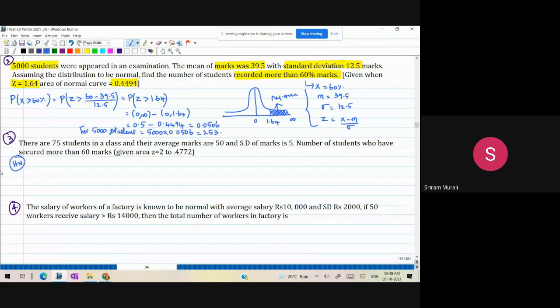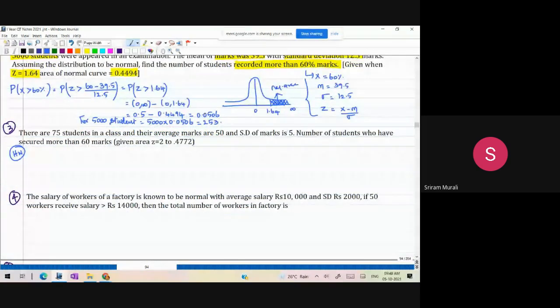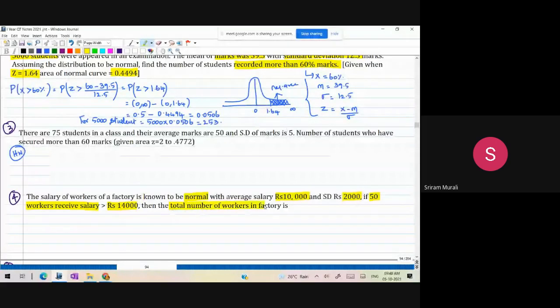Now, if you come to question number 4, the salary of a worker in a factory is to be normal. He himself says it is normal. With average salary, M is given, SD is given. 50 workers they have taken as a sample. Their salary exceeds 14,000, which would mean how many workers are there in the factory? So they are asking about the total number of workers.